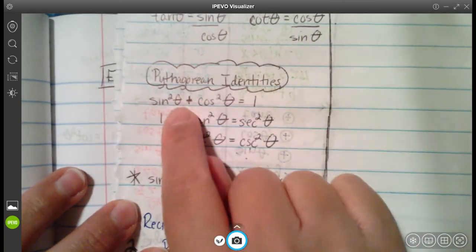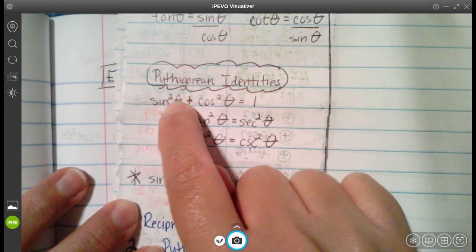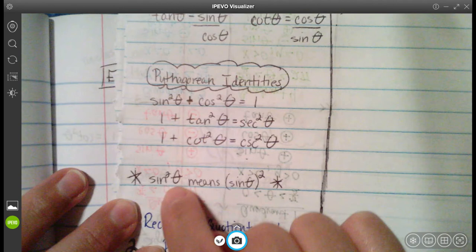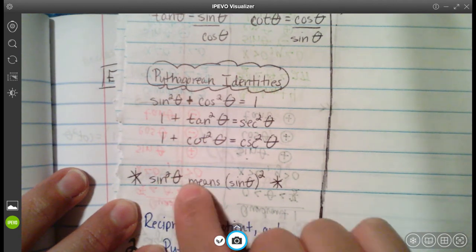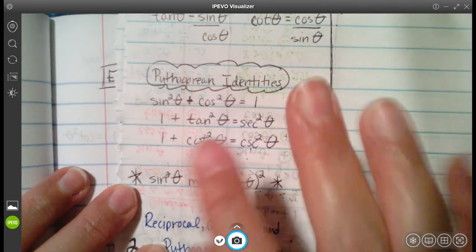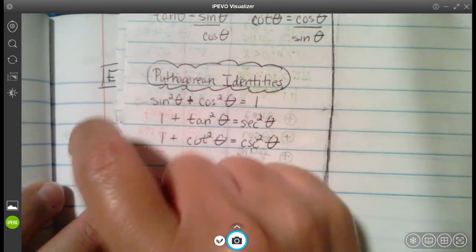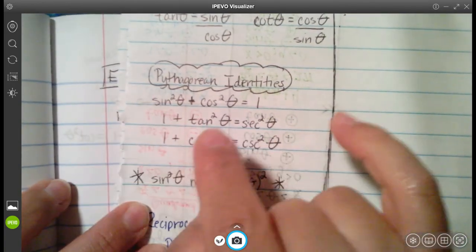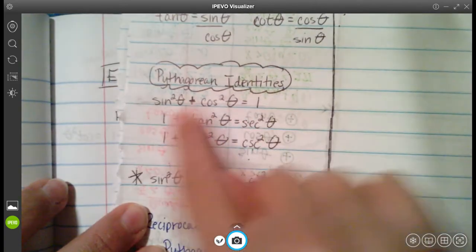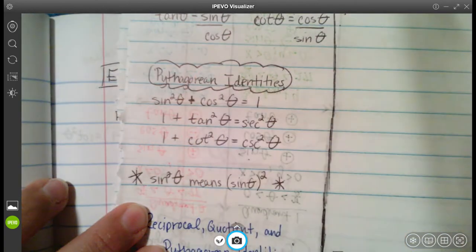Please take note that the square here, it looks a little weird, but what it means is this entire thing squared. So this symbol right here means sine of theta, and then you square it. Okay, so we're going to go ahead and use these identities to solve some of these problems. Essentially, what you're doing is you're replacing some of what we have with these identities because they are equal. This equals that, and so forth.